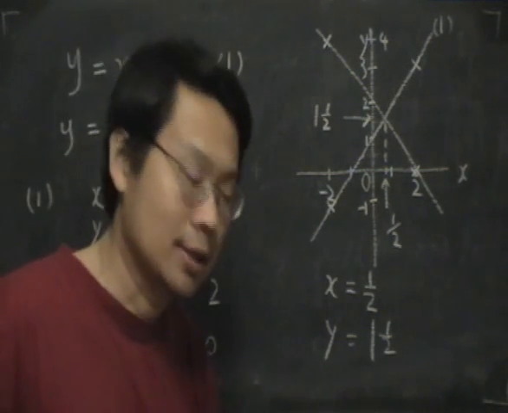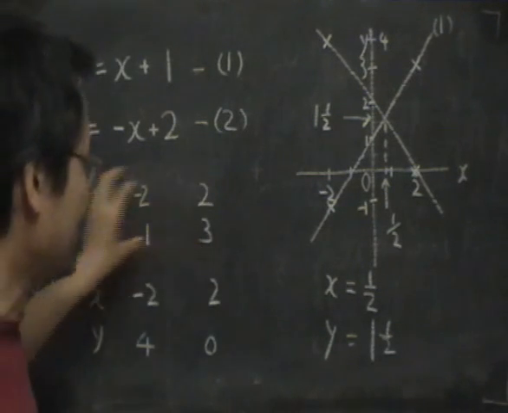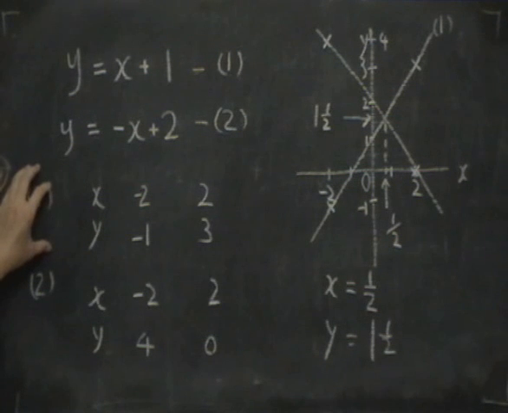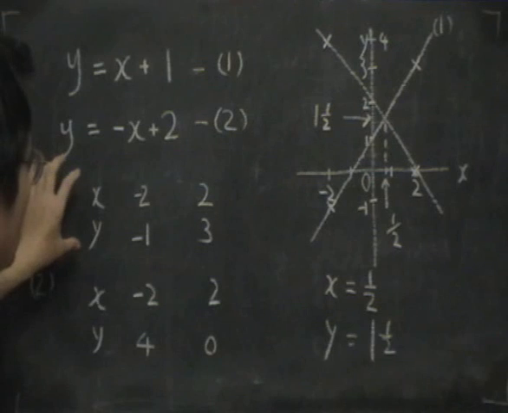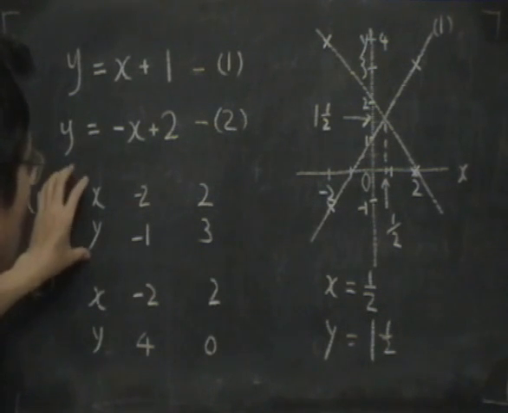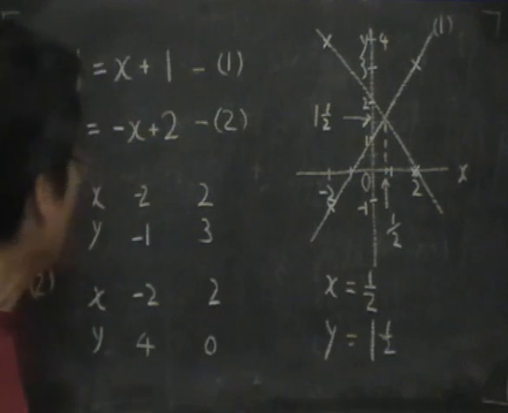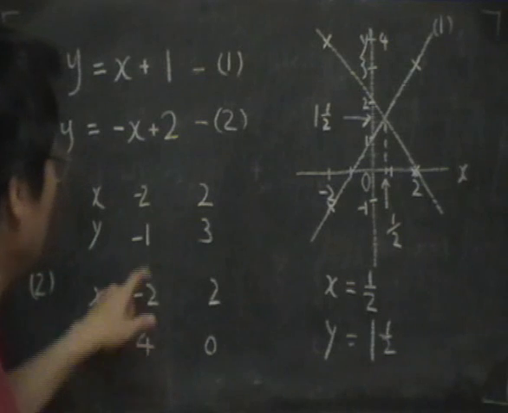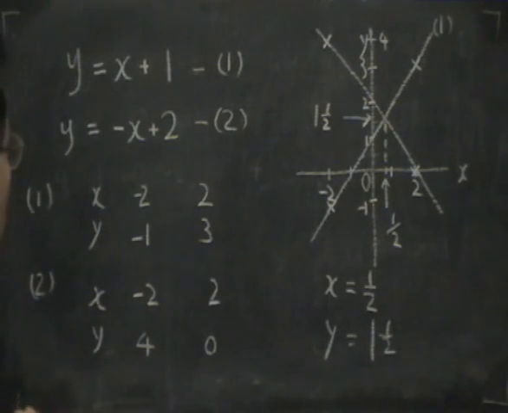The reason is this. Now, if we go back to this table, this is the table that comes from equation 1. When I made this table, I put in some value of x and I calculated the value of y using that equation.